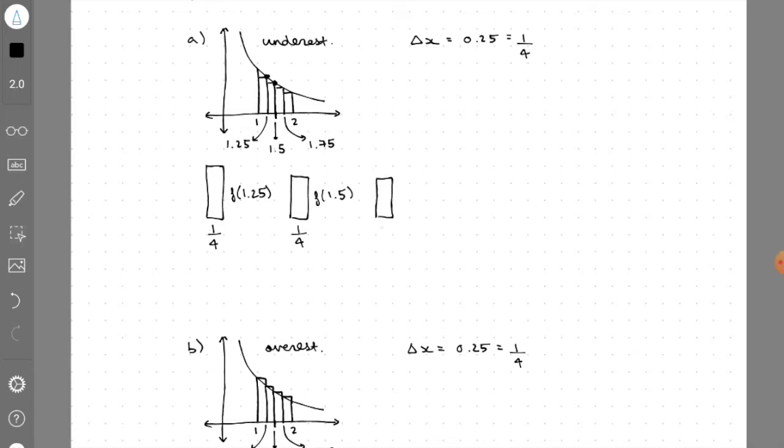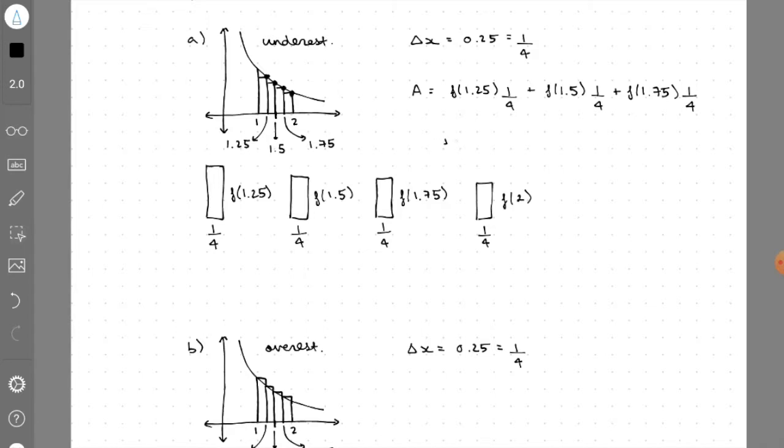The third rectangle is 1 over 4 and f of 1.75. And the fourth rectangle, 1/4 and f of 2. Right? So the total area, I'm going to just say A, is going to be equal to f of 1.25 times 1/4 plus f of 1.5 times 1/4 plus f of 1.75 times 1/4 plus f of 2 times 1/4.